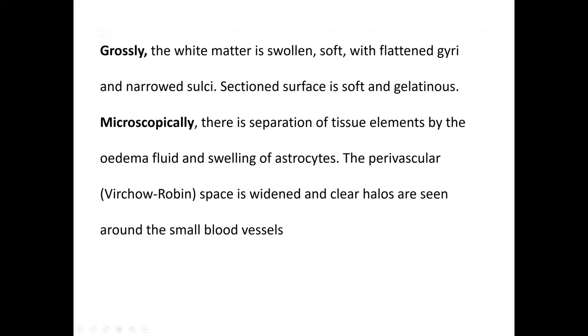Grossly, the white matter is swollen, soft, with flattened gyri and narrowed sulci. Sectioned surface is soft and gelatinous. Microscopically, there is separation of tissue elements by the edema fluid and swelling of astrocytes. The perivascular, that is Virchow-Robin space, is widened and clear halos are seen around the blood vessels.